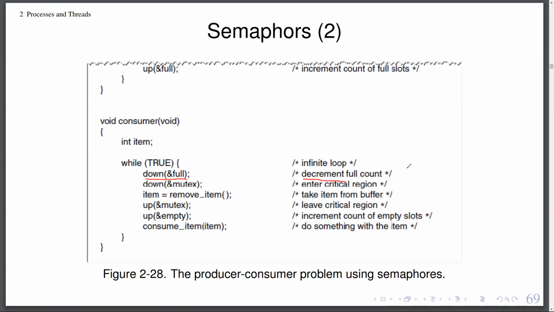So remember, when we're making a down call, we're decrementing. And so potentially these calls to down would put the code to sleep so that something else could execute. So in this case, the consumer would go to sleep if full was 0, and then the producer could run to create more elements in the array.